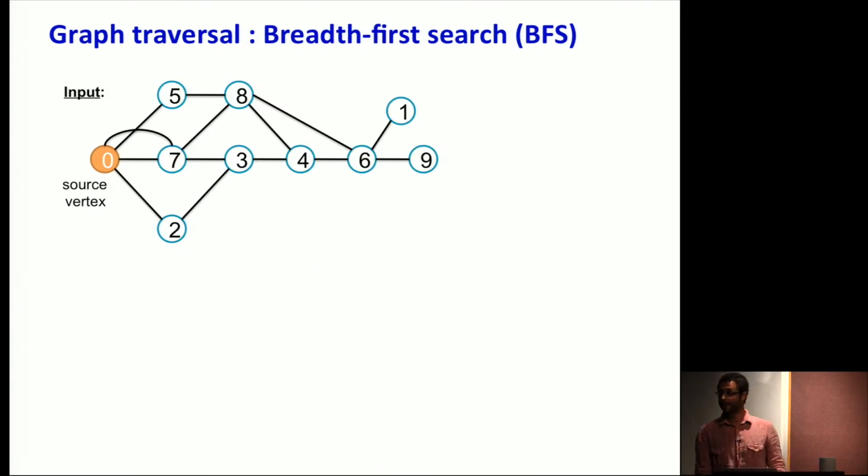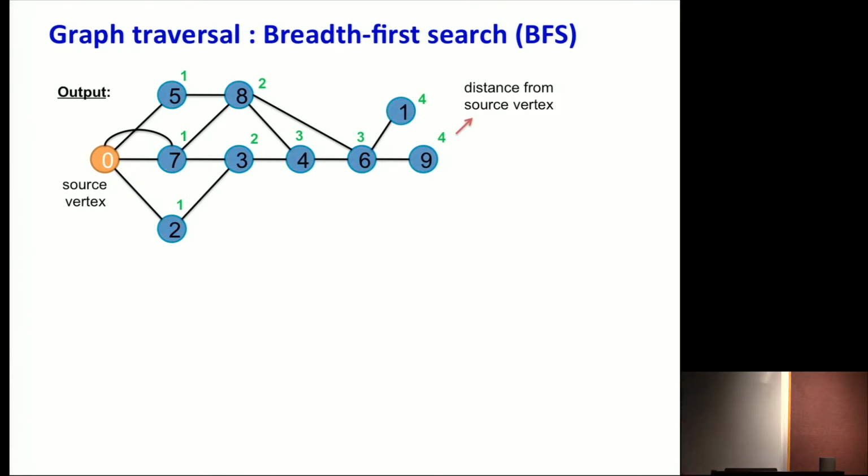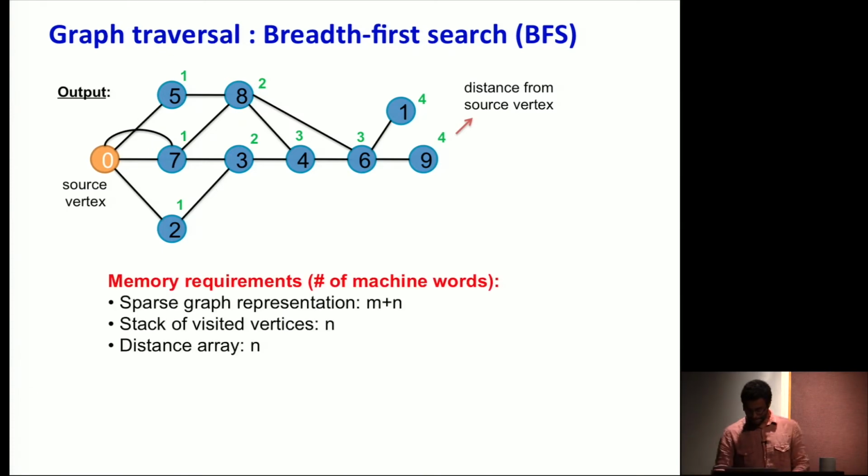The more parallelizable graph traversal is breadth-first search. So here's the difference. I guess the names are pretty explanatory. You're going to first explore all the vertices that are one hop away from the source vertex before you go to any neighbors that are 2 hops away from you. So the output is really a numbering where all the neighbors that are 1 hop away get a number 1, and all the neighbors that are 2 hops away get a number 2, and so on.